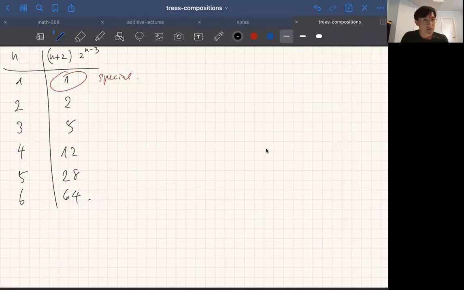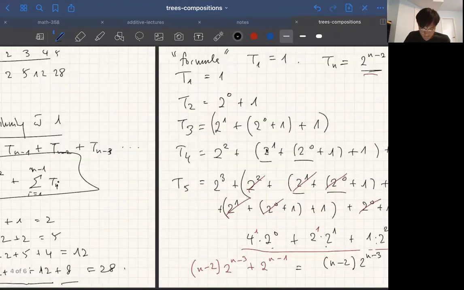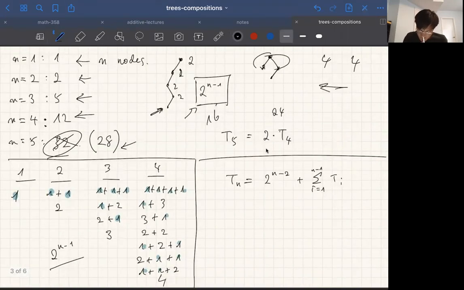N plus 2, 2 to the n minus 3 is the number of possibilities of after. Did we settle on that being wrong? Maybe this is, if we show they have the same recurrence.